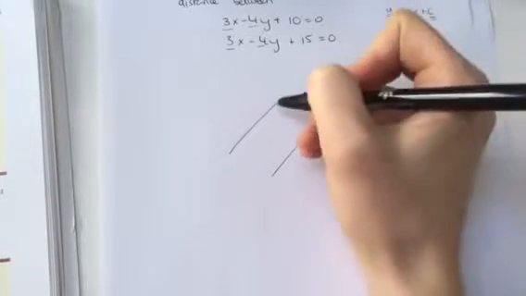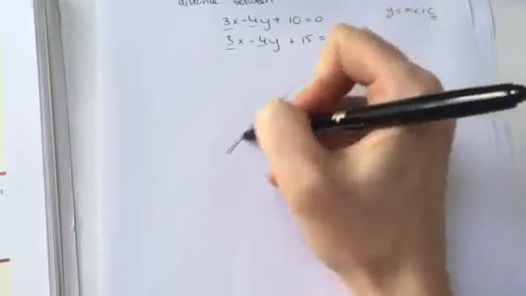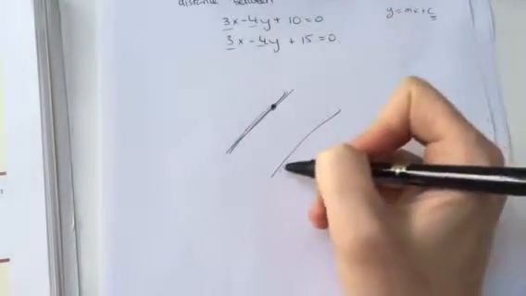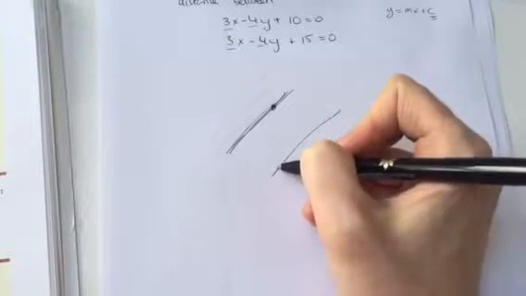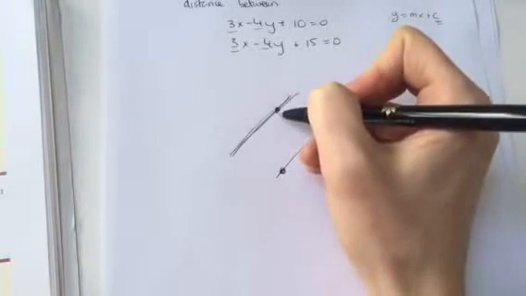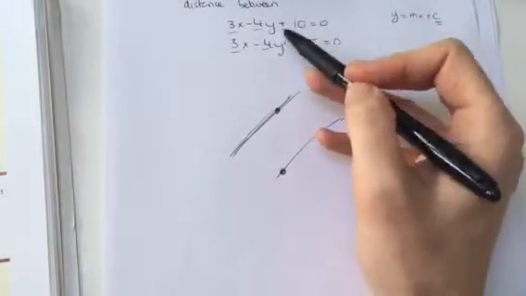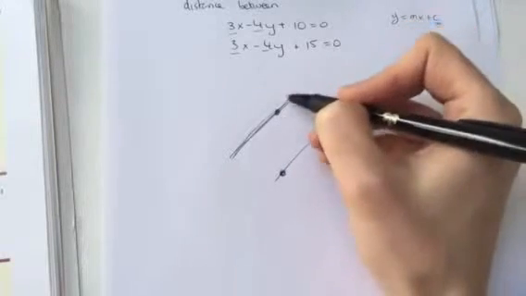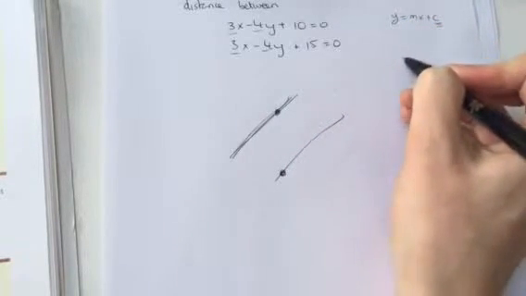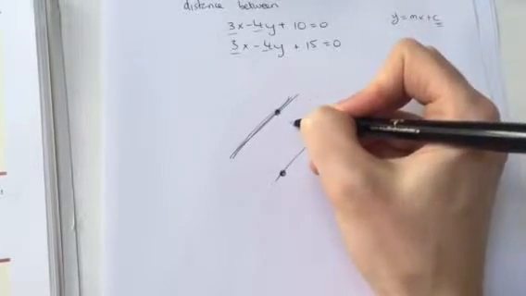So if I can find any point on this line here, and perhaps I find another point on this line here. They've asked me for the distance between the 2 lines. Now, I could get any distance, like I could travel for ages. So they're not just looking for the distance, they're looking for the shortest distance.